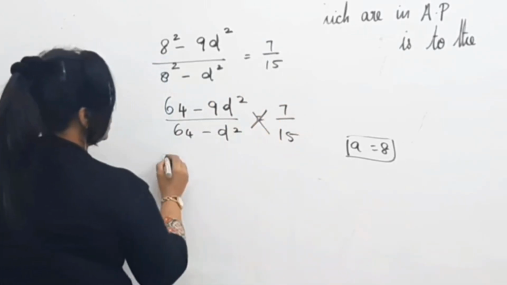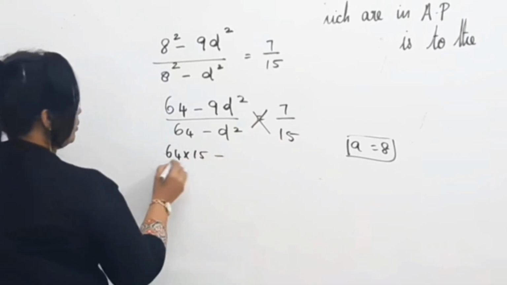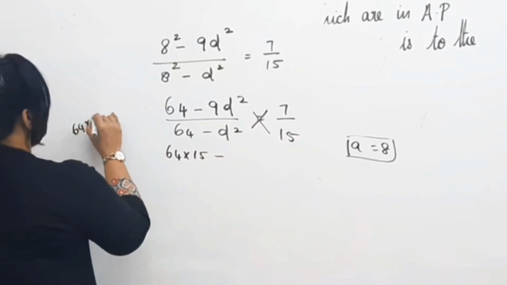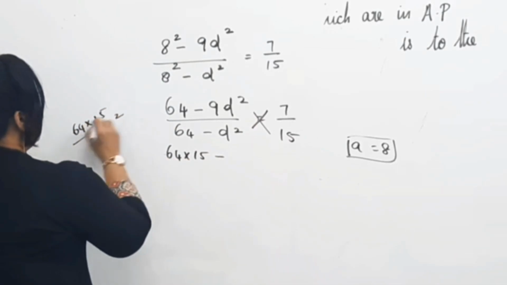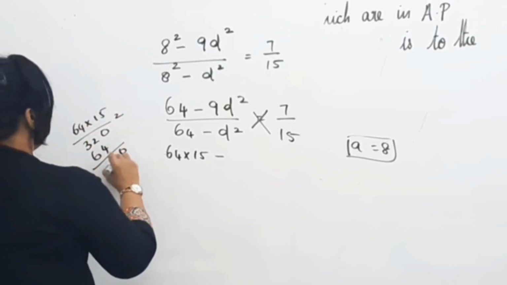Cross multiplication, 64 into 15. So let me have my product, 64 into 15, which is 960.